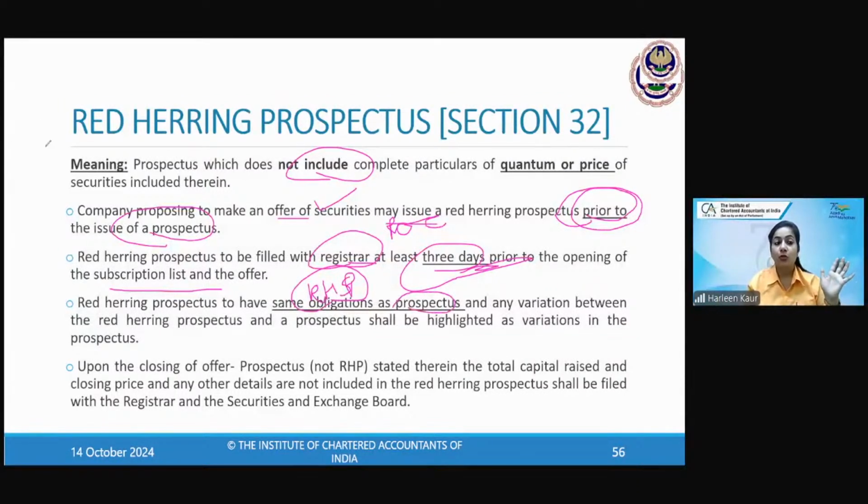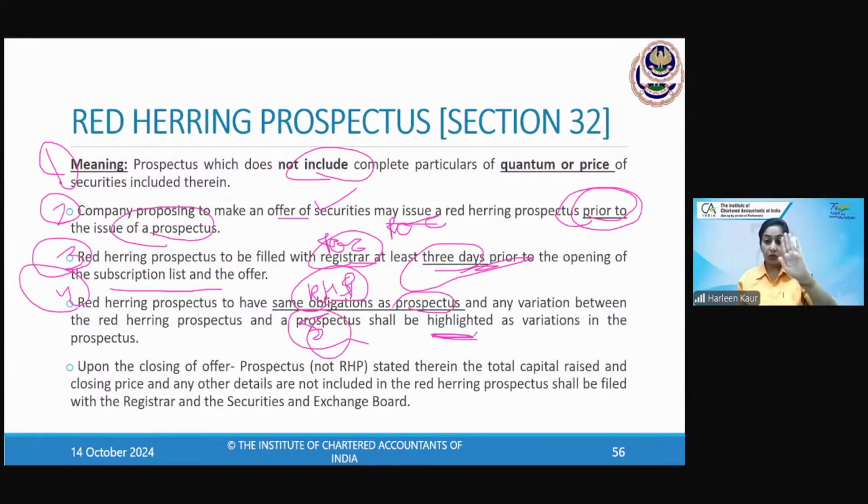So number one, quantum and price are missing. Number two, it is issued prior to the issue of the prospectus. Number three, at least 3 days prior to the issue of the prospectus, you have to file it with the ROC. Number four, it carries the same obligations as the prospectus. And number five, any variations in the prospectus. Now, this is your red herring prospectus, and this is your final prospectus.